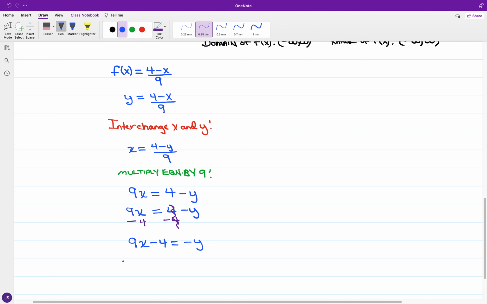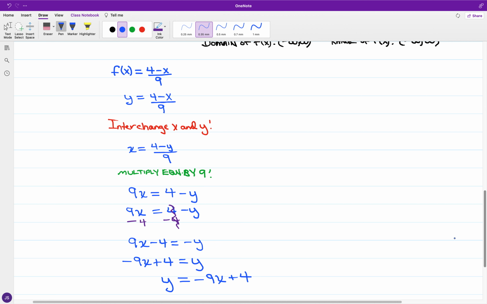So if I change the signs, we have negative 9x plus 4 is equal to y. So the implicit layout for the inverse function is y is equal to negative 9x plus 4.